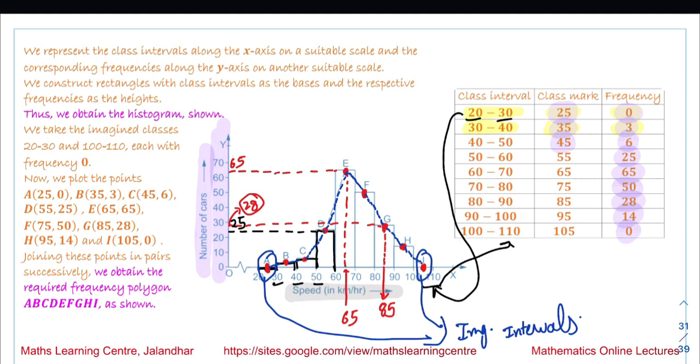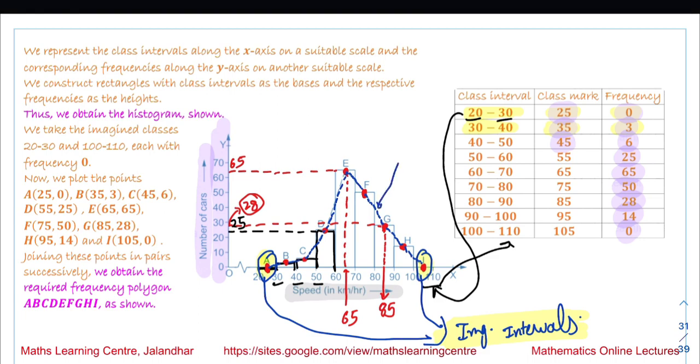But it is important to note that we always draw these 2 points so that it becomes a complete polygon. So we will start from the point A and end on the point I on the x-axis, and the rest of the points we have already obtained.